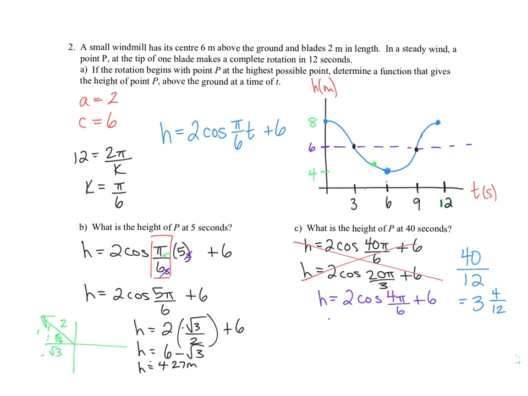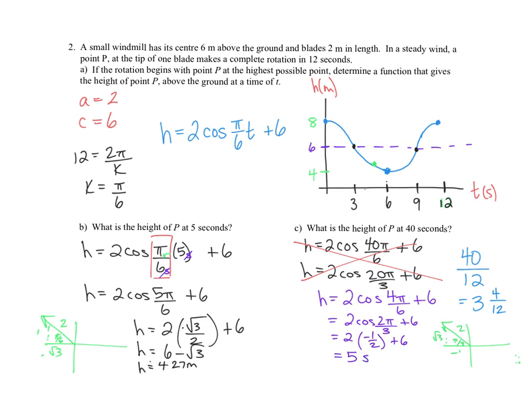Which we know is just 2 pi by 3, which you could have gone to right away. Which will give us 5 seconds.